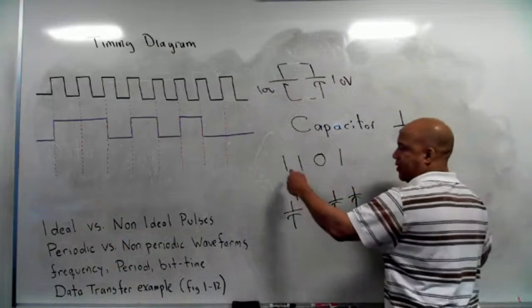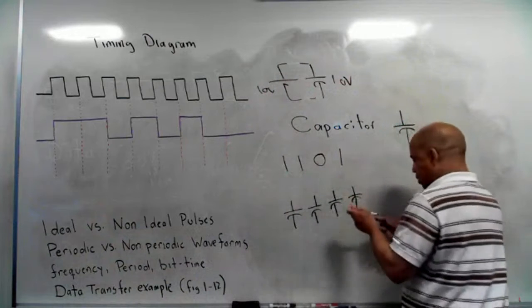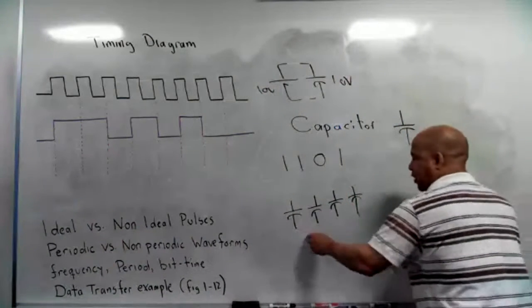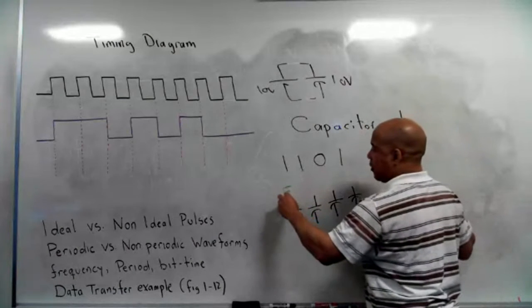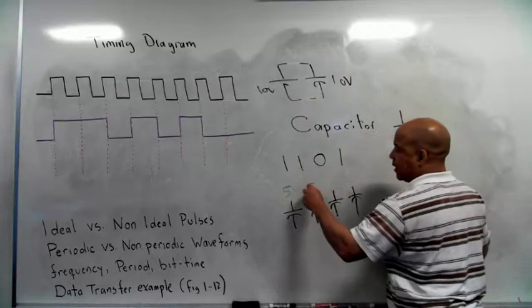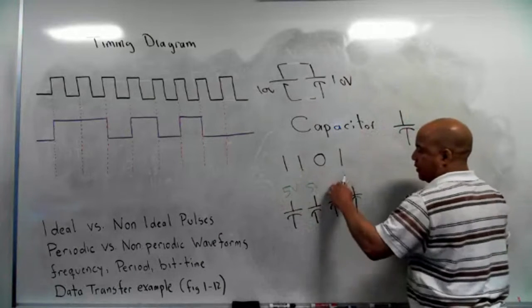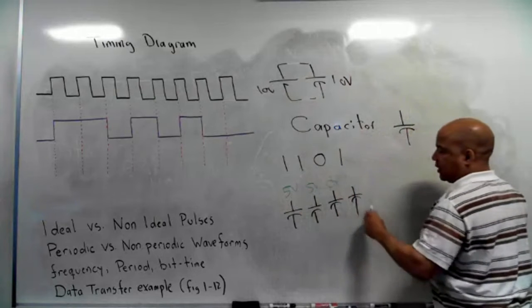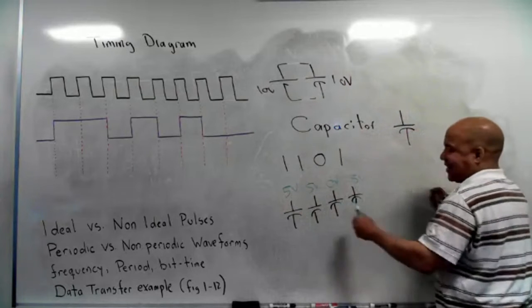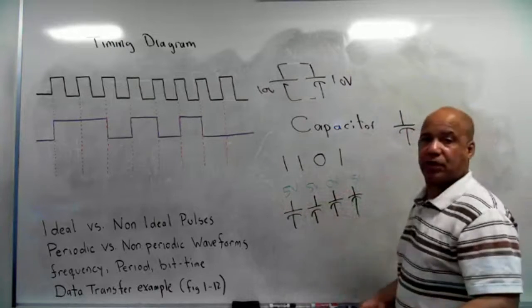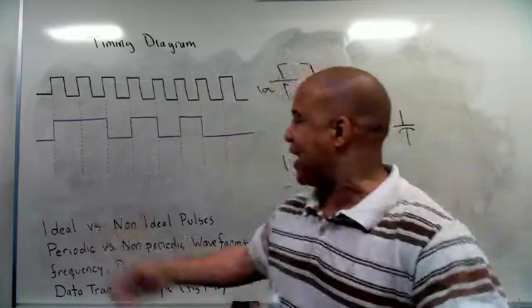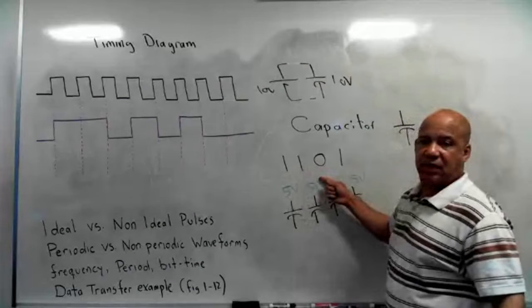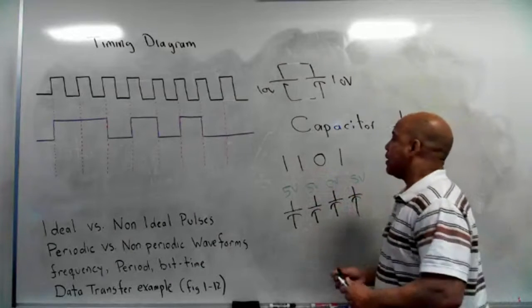If I want to represent the value 1101, the machine would charge the first capacitor up to 5 volts, the second capacitor to 5 volts, the third one to 0 volts, and then the last one to 5 volts. So I can have these capacitors store these voltages. It could also be done magnetically. There are a lot of ways to represent these binary values.